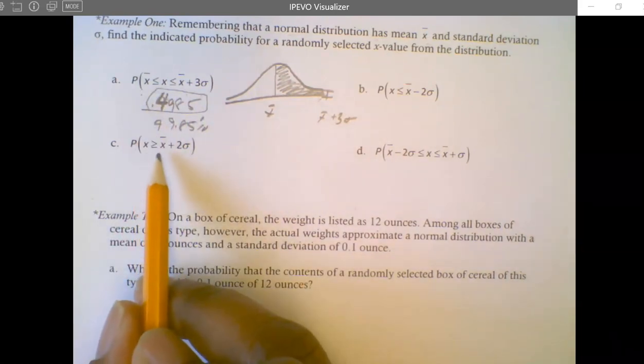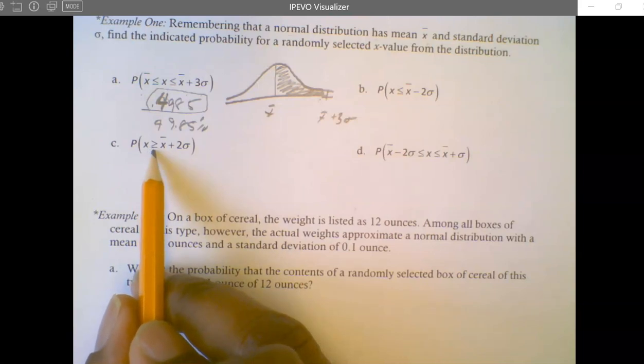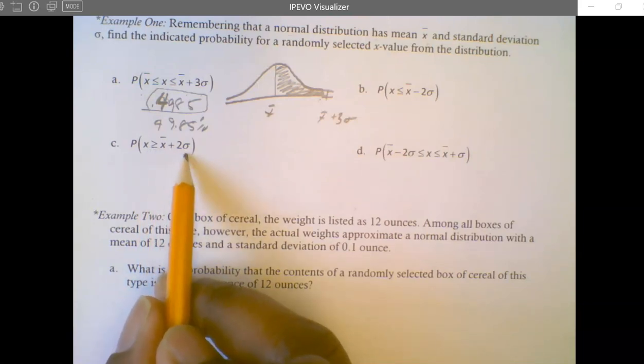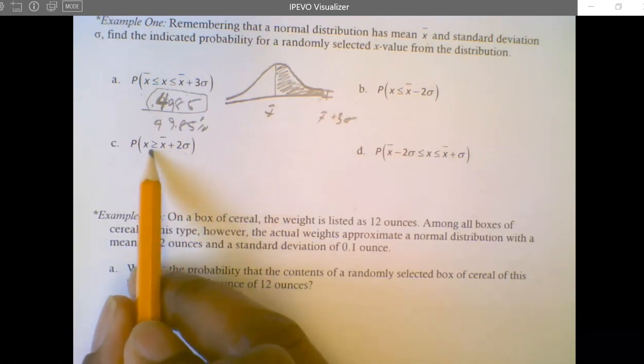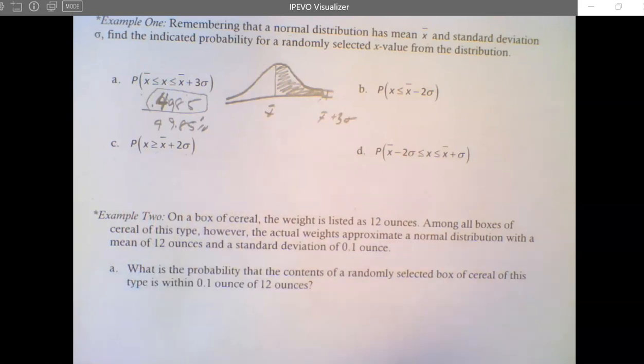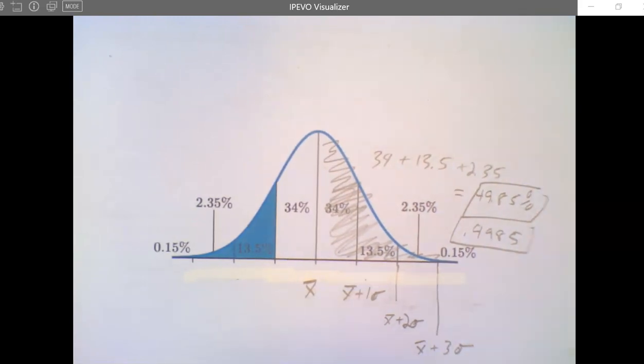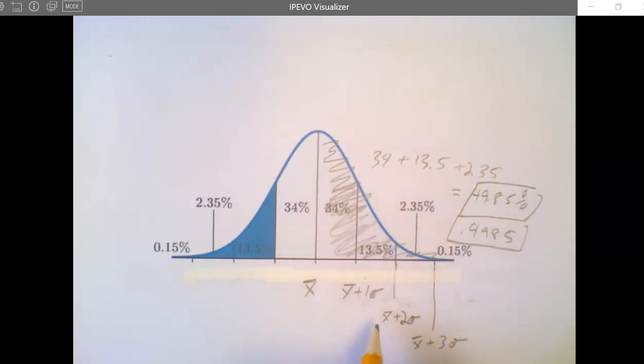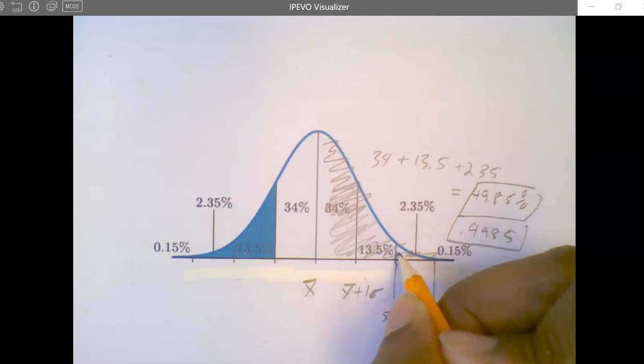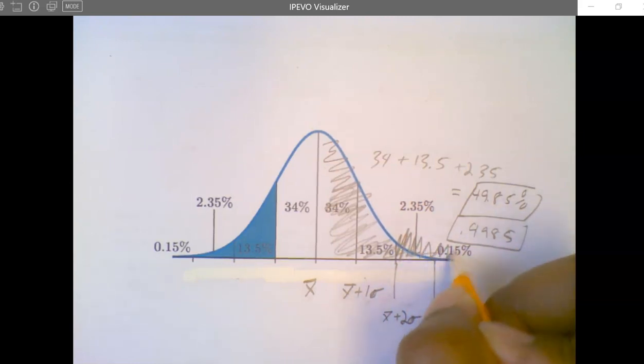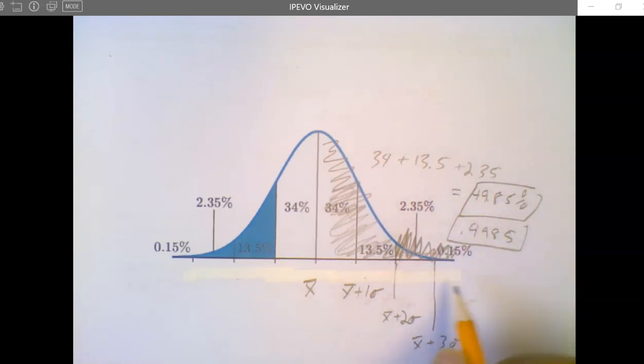Next says, what's the probability of x being greater than the mean plus 2 standard deviations? So that's the probability of x being greater than the mean plus 2 standard deviations. Let's go back to that curve. So this is the mean plus 2 standard deviations here, and that means outside this range. So that answer would be 2.35% plus 0.15%.